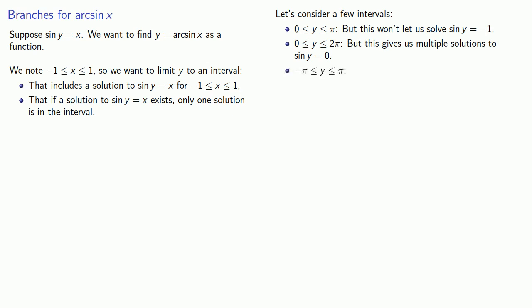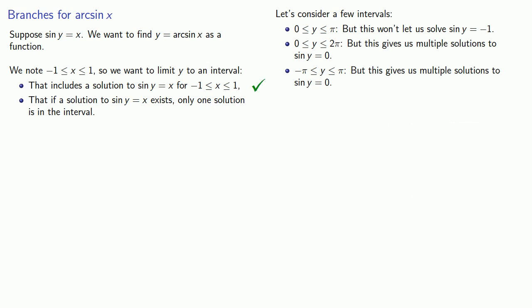So how about y between minus pi and pi? We meet that first requirement that sine y equals x will have a solution, but again we fail that second requirement, that there are multiple solutions to equations like sine of y equals 0. Well, third time's the charm, so if we don't find it by the third time, we should give up and join the circus.